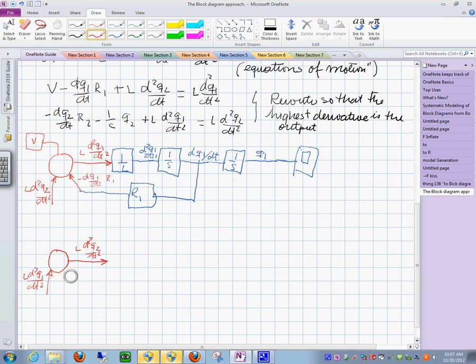Then you have another one that has, in here you have one that says minus 1 over c times q sub 2, right? And then there is another one in here that says minus dq sub 2 dt r sub 2.